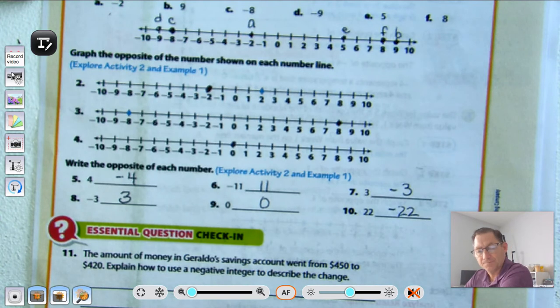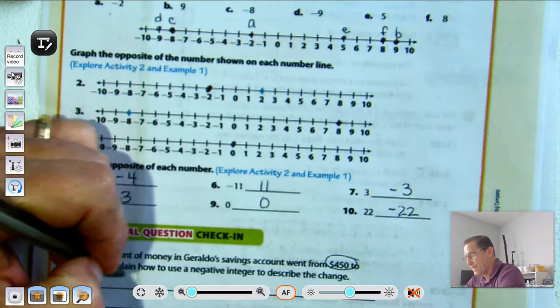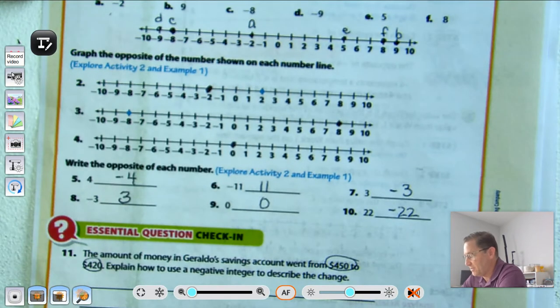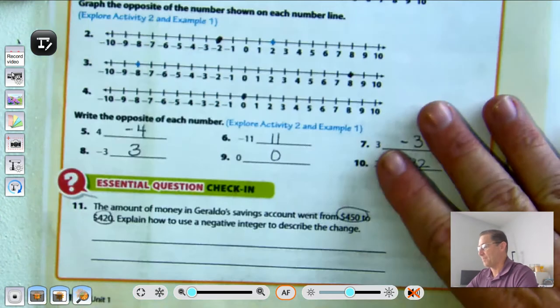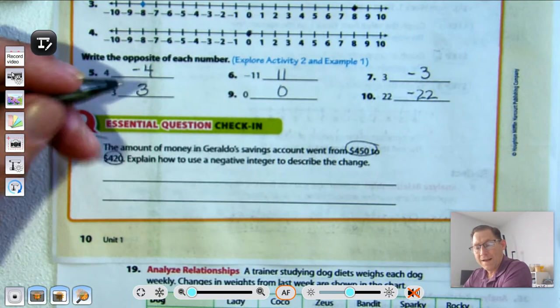All right, 11. The amount of money in Gerardo's savings account went from $450 to $420. Explain how to use a negative integer to describe the change. Okay, so what happened here?